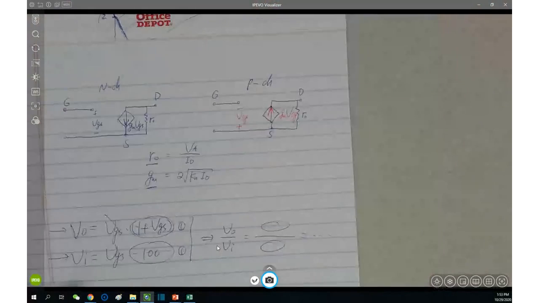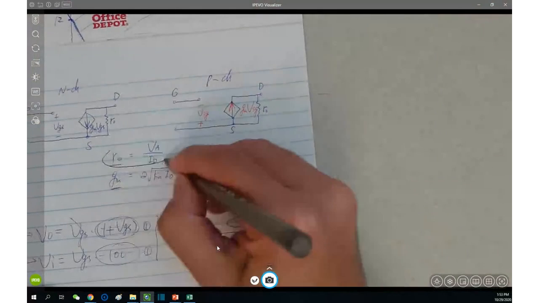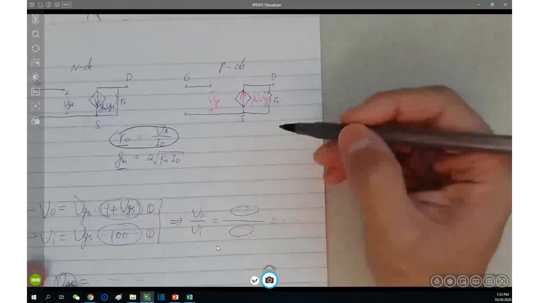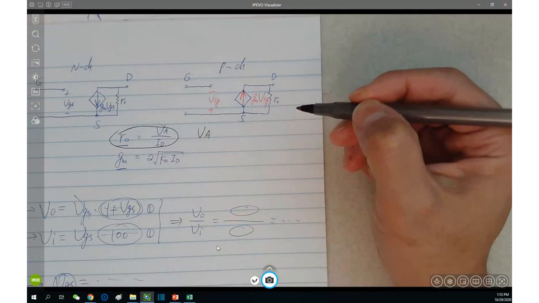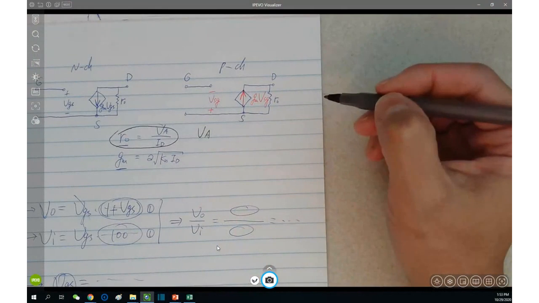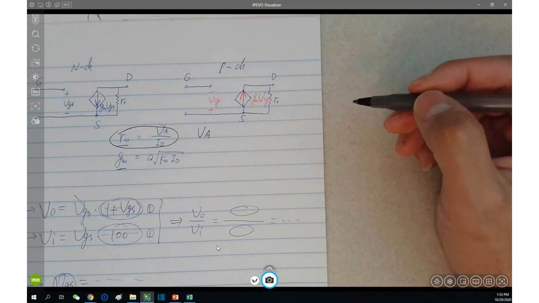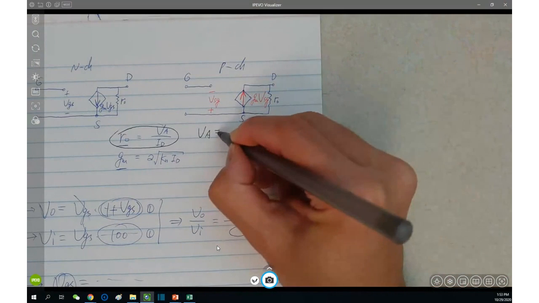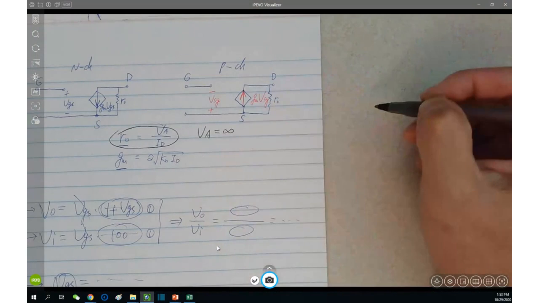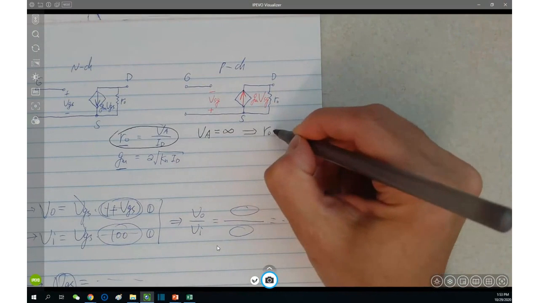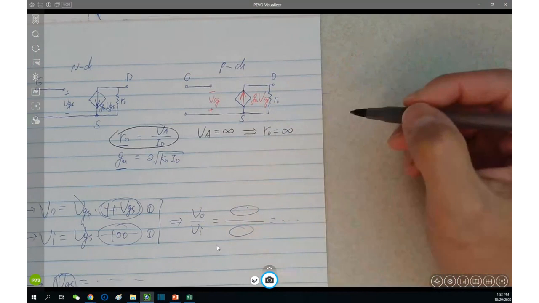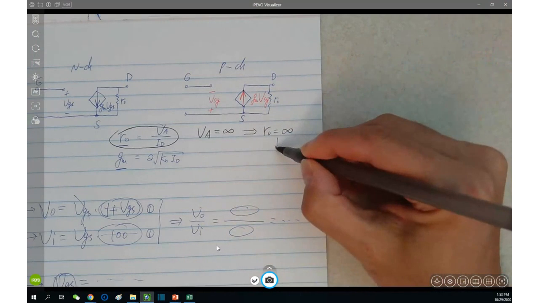We all know that R0 equals this equation, right? But you also need to remember VA is very big. In some problems, VA is given as infinity. Therefore, R0 is infinity as well. R0 is infinity means what?